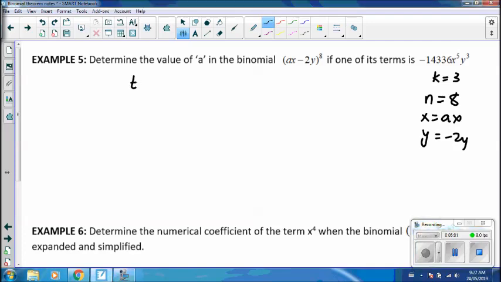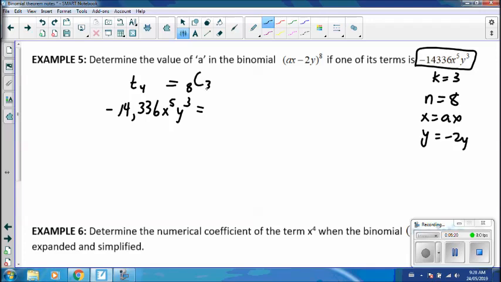So term k plus 1, so term 4, this is term 4. So that's negative 14,336 x to the 5th y cubed is equal to n choose k, times x, which is actually ax, to the power n minus k, and negative 2y to the power k.